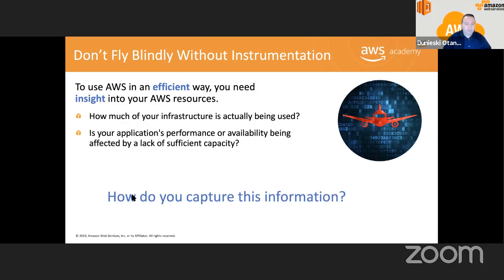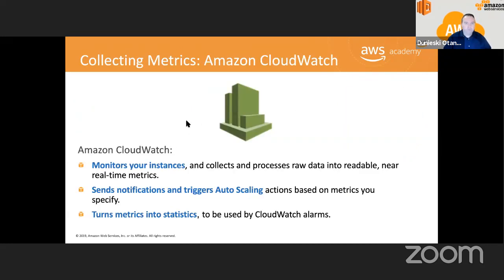Okay, so how do you capture this information? This is the guy that helps you capture this information, CloudWatch, okay? Amazon CloudWatch monitors your instances and collects and processes raw data into readable, near real-time metrics, okay?